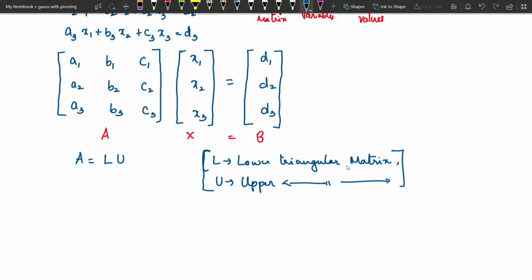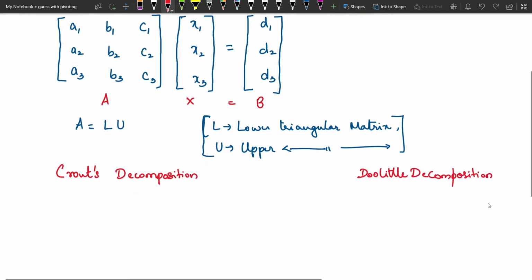We will decompose the given matrix into two matrices such that product of those two matrices will be equal to A. Now all of you know what is a triangular matrix, right? We have already discussed in Gauss elimination method. Lower triangular matrix is one in which upper triangular elements are zeros and we have non-zero elements only in the lower triangle. Upper triangular matrix is the one in which non-zero elements are in the upper triangle, lower triangular elements will be 0.